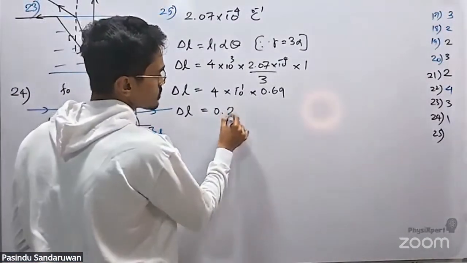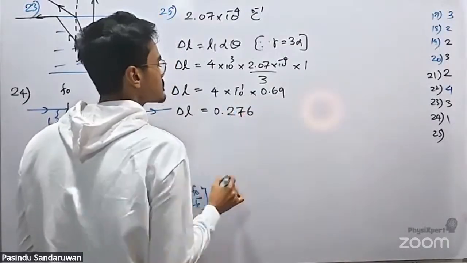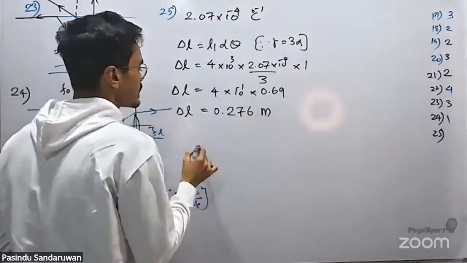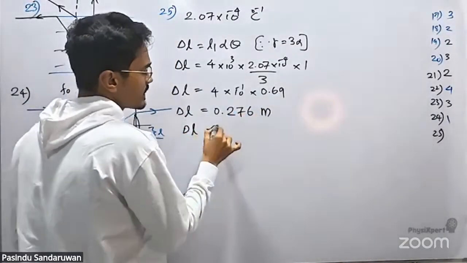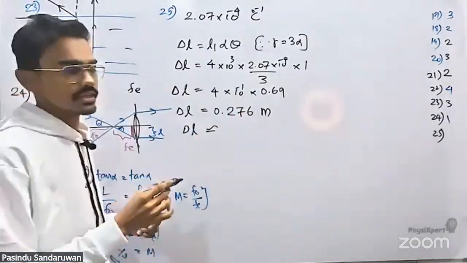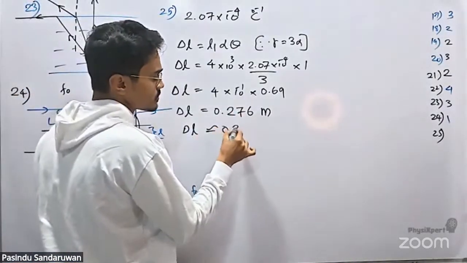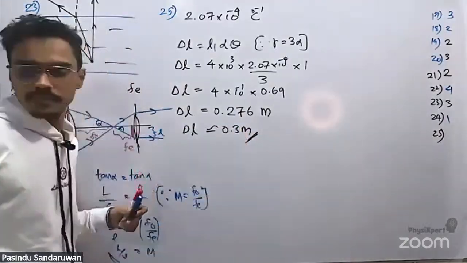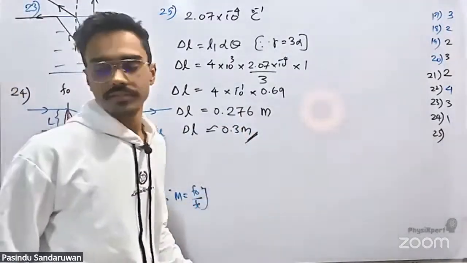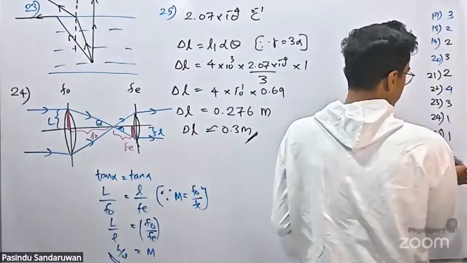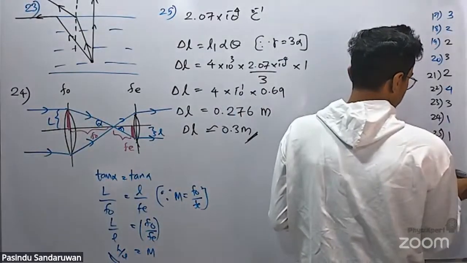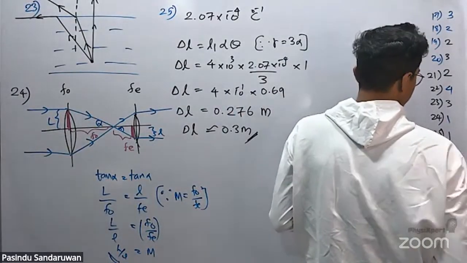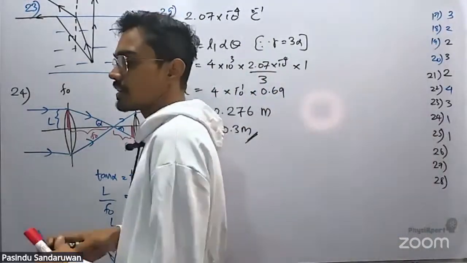So that is 0.276 meters. An approximate answer is given, then 0.3 meters. 25, 1. Expansion.